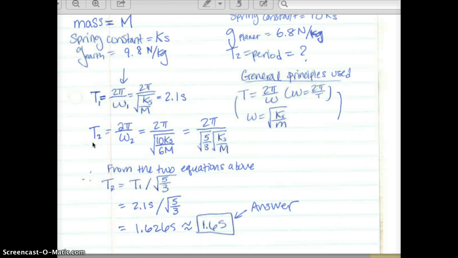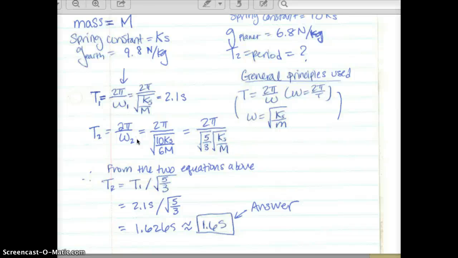So the period of the second spring equals 2 pi over the omega, the angular frequency of the second spring, which is 2 pi over root of 10 Ks over 6m, which equals 2 pi over root 5 over 3 times root of Ks over m.